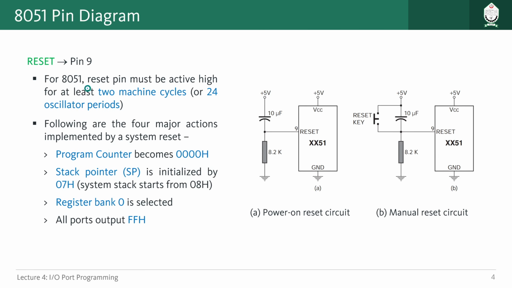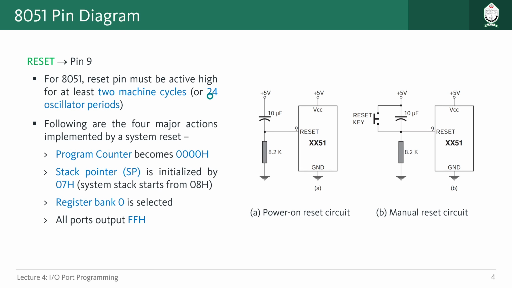Another quite important thing: whenever you are resetting your microcontroller, you have to provide a logic high voltage to that pin. For how long? For at least 2 machine cycles, or we can also say 24 oscillator periods, 24 clock pulses, because for our 8051 microcontroller, 12 clock pulses equal 1 machine cycle.